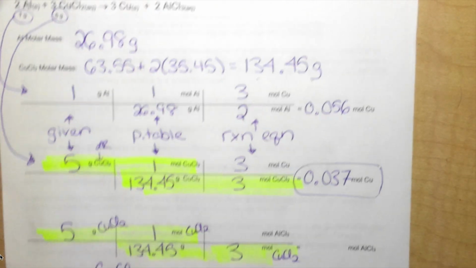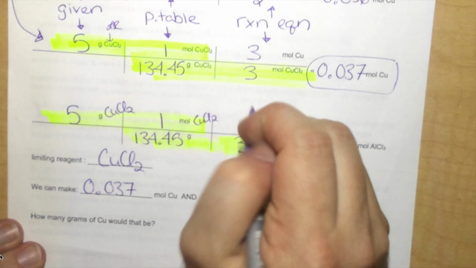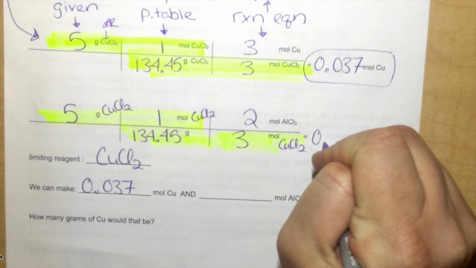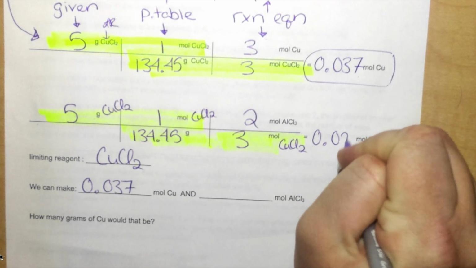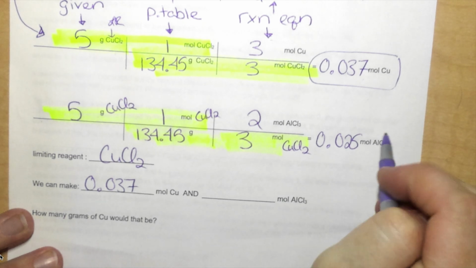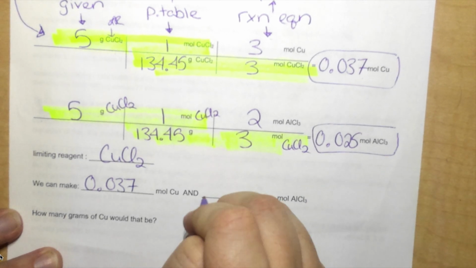So we're going to put a 2 up top. So we're going to math this out again. So I have 5 times 1 divided by 134.45 times 2 divided by 3, which tells me I'm going to make 0.025 moles of aluminum chloride. Okay? So that number just comes down here on this line.